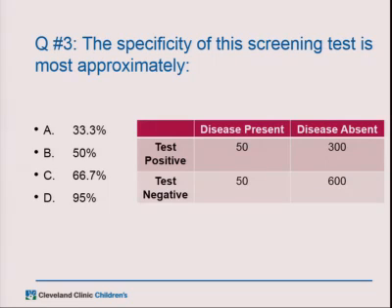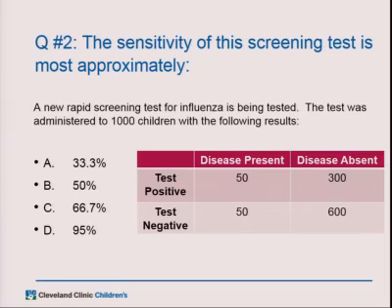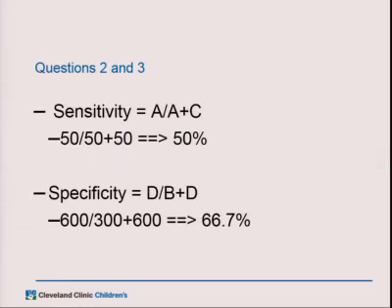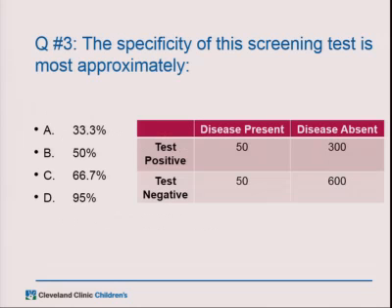Excellent. 600 divided by 300 plus 600, which is 900, right? So there's your specificity right there in the bottom, okay? The 600, which is your true negatives, divided by the 300 plus the 600.